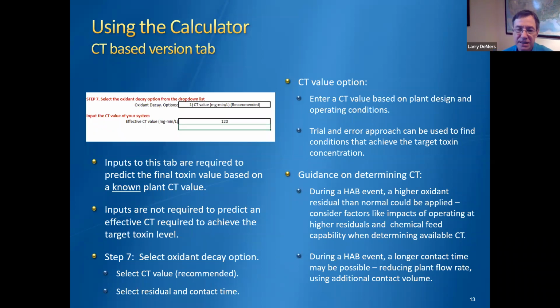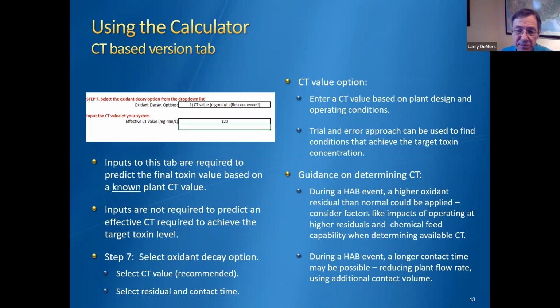A little bit of guidance on determining CT. So you really kind of need to think about this a little differently, thinking about a HAB event. So you might need a higher oxidant residual than normal. And so you might have to consider factors. If you bump up your chlorine residual, what kind of impact that's going to have, operating at higher residuals.